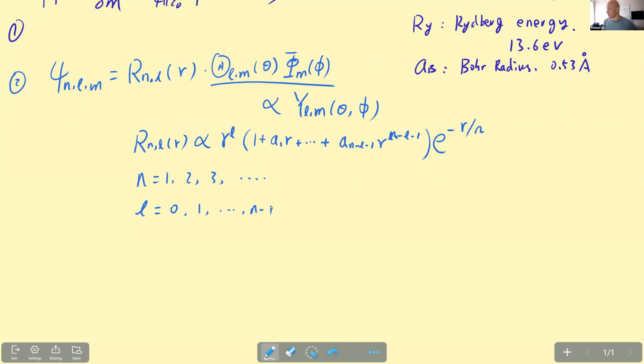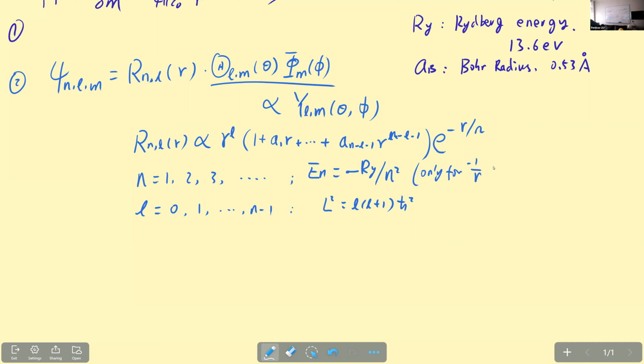This is the angular momentum, so L squared equals L times L plus 1 times h bar squared. And the energy is determined by the principal quantum number.